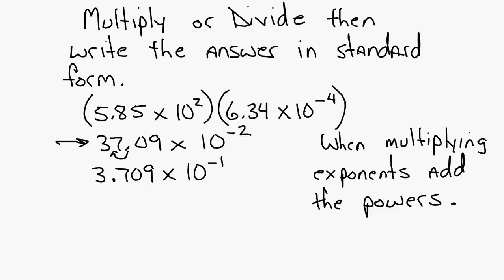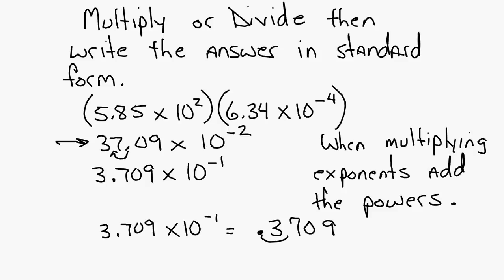So there's your number in scientific notation. And now it's got to be written in standard form. So when you write 3.709 times 10 to the negative 1 in standard form, you go 3.709. You put your pencil where the decimal is, and you move it 1 to the left because your power is negative 1. So we're taking it from here, and we're putting it right here.